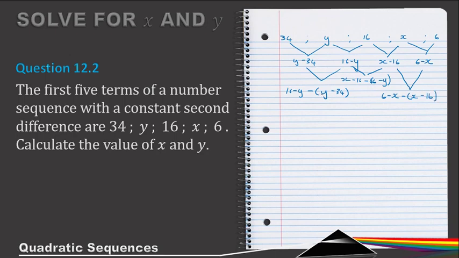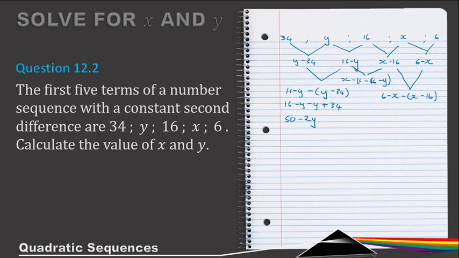Okay, let's simplify these once again. This becomes 16 minus y plus 34. So that together gives me 50 minus 2y.